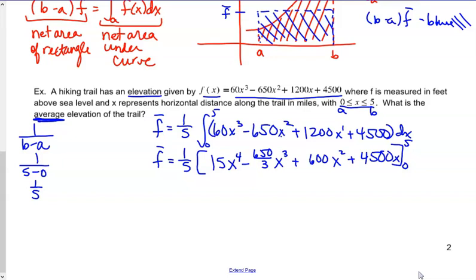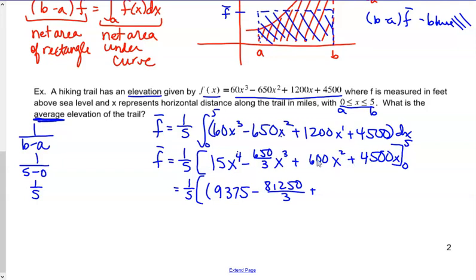So that is what I want to evaluate at 5 and at 0. Now the 0 is going to be very nice, because the 0 here, here, here, and here is going to be gone. So I really only have to evaluate it at 5. So I'm going to do 1/5 of throwing 5 in, taking it to the 4th power, and multiplying by 15, which gives me 9375. Minus, again, throwing 5 into the 3rd power times 650 over 3 is 81250 over 3.